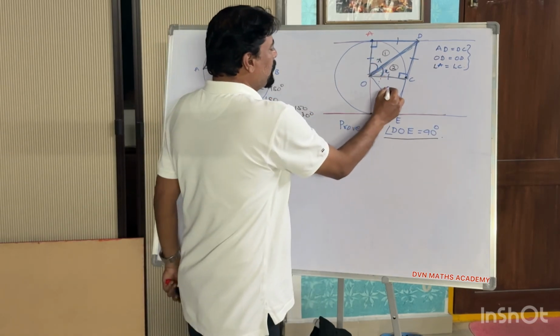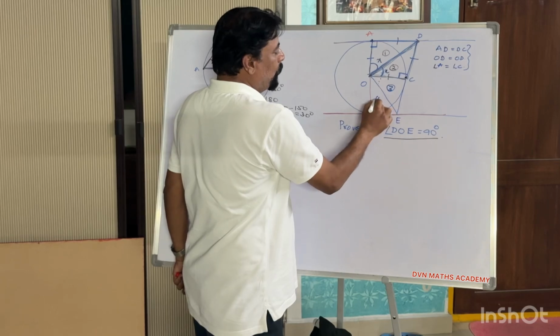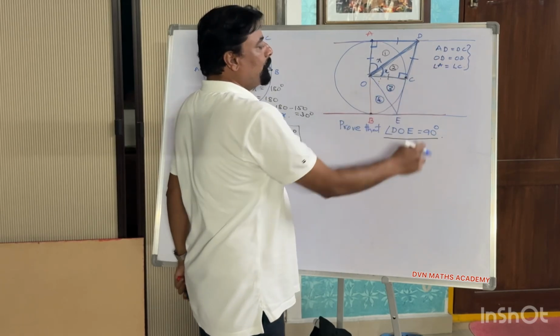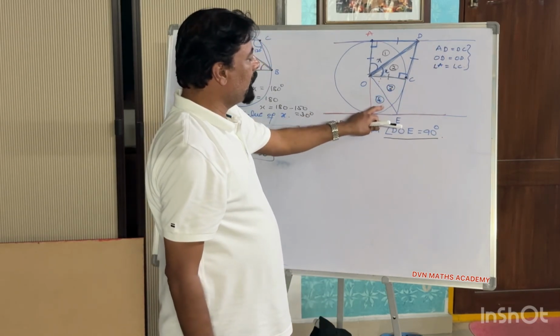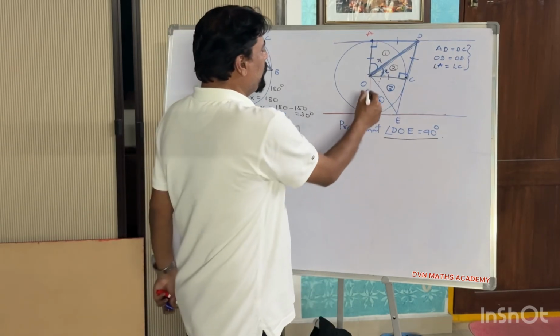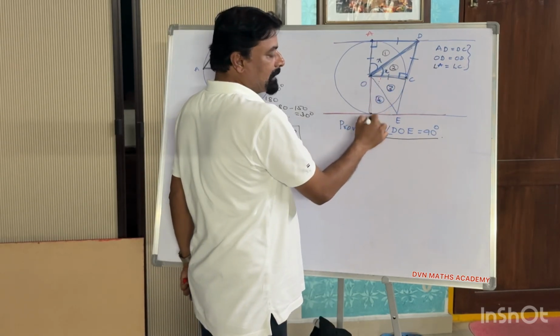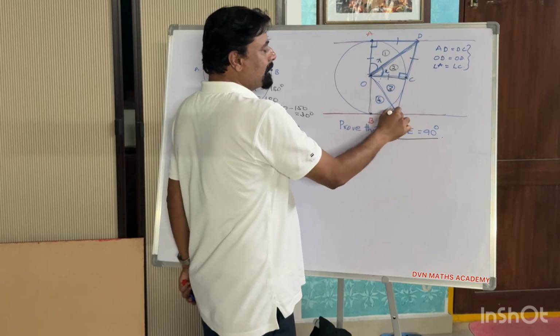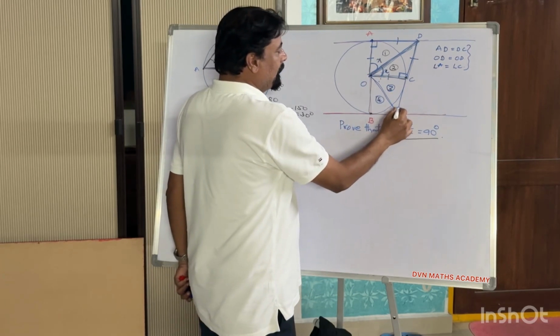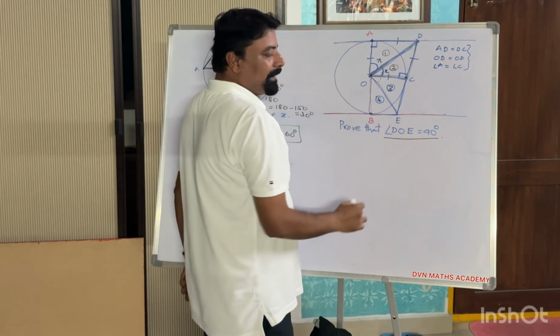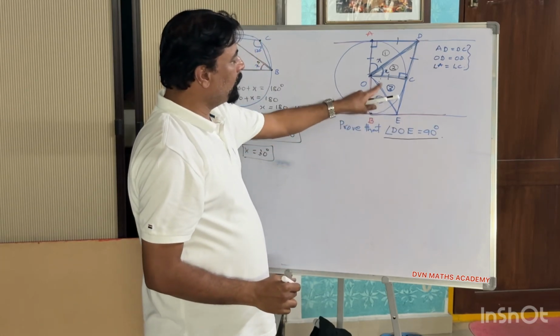If you think about triangle 3 and triangle 4, if you apply the same congruency rule, these two triangles are also congruent. OC is equal to OB because they are radii, OE is the common side, and EC is equal to EB, because E is the external point to the circle.